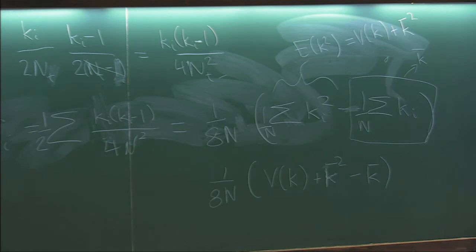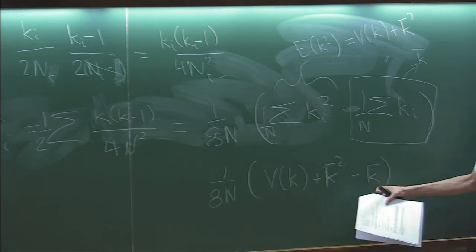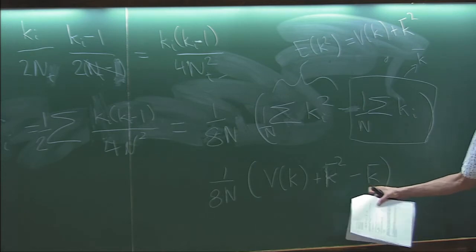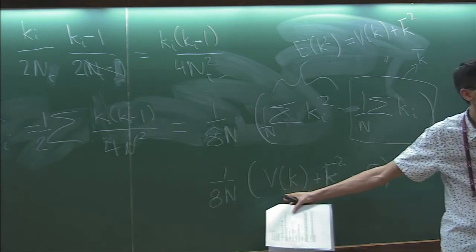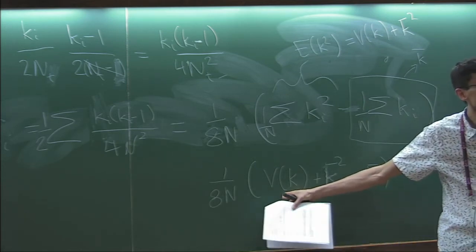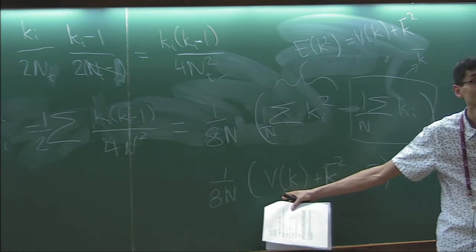Okay. So remember, this is the mean number of offspring produced. This is the variance in the number of offspring produced. So this is a variance in reproductive success.